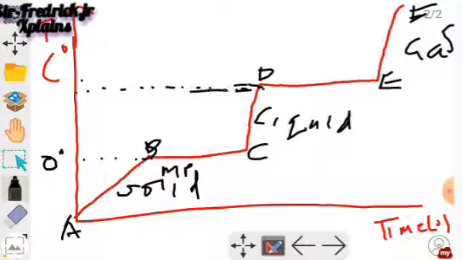So this side, let's take a reference. We have 0, we have 100 degrees. So here you're going to have a boiling point. This is the boiling point. So you are able to tell that this substance has a boiling point of 100 degrees.